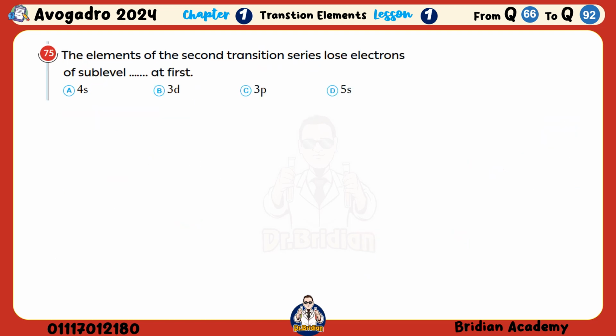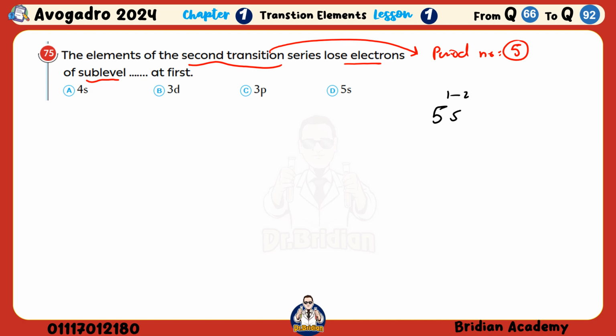Question number 75. The elements of the second transition series lose electrons from sublevel. The second transition series refers to period number 5, and in period number 5, the electronic configuration will end with 5s from 1 to 2 and 4d from 1 to 10. As we mentioned before, the outer main energy level will be 5s.